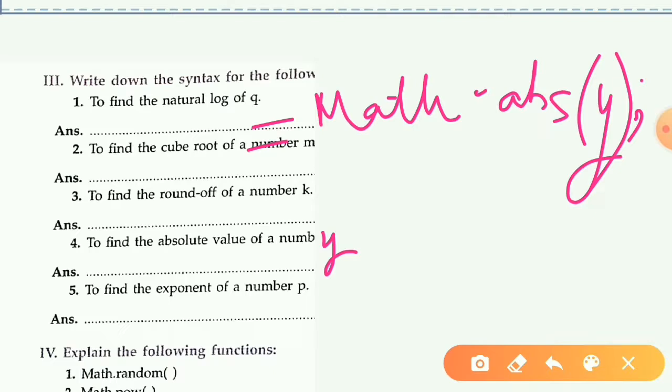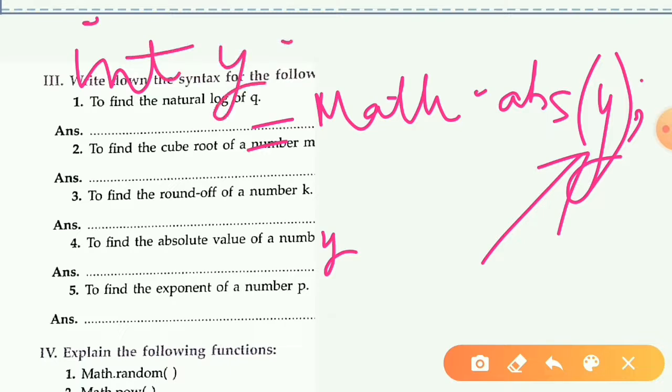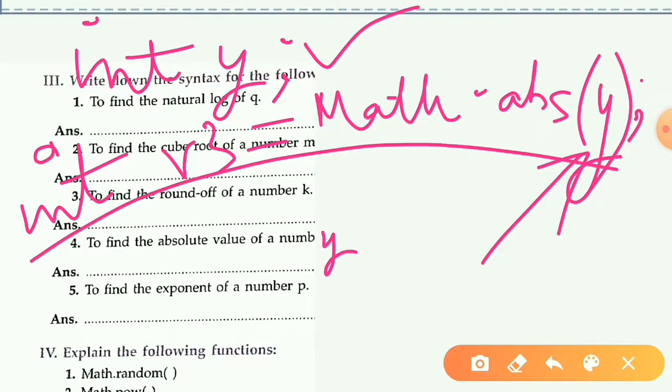So over here see, math.abs is going to give you the value, and the return data type depends on this argument. So over here at the very first you define int y. That should be better. So then we can know that your return data type will be integer. So write down int y at the first position, and then afterwards you write down this value. Okay, so this is the answer for your fourth one.